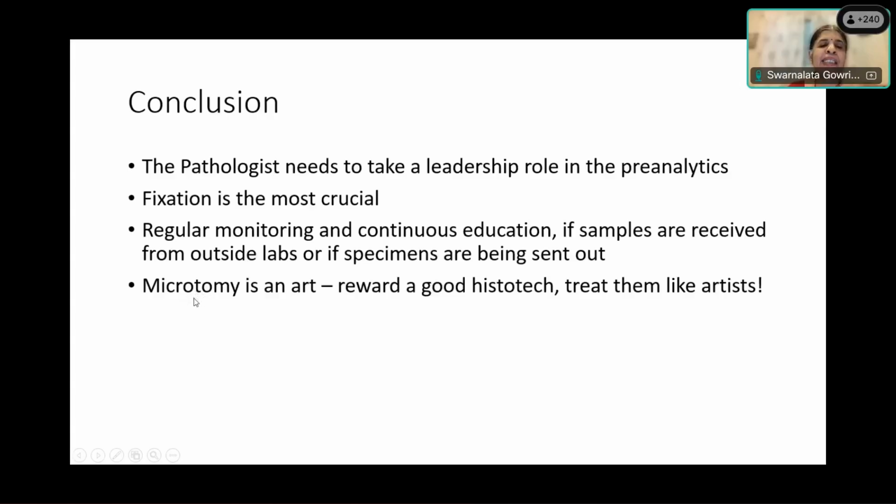And finally, since microtomy is really the heart of a good histopath lab, microtomy is really an art. You must reward a good histotech and treat them like very special artists if you have to maintain a good lab.